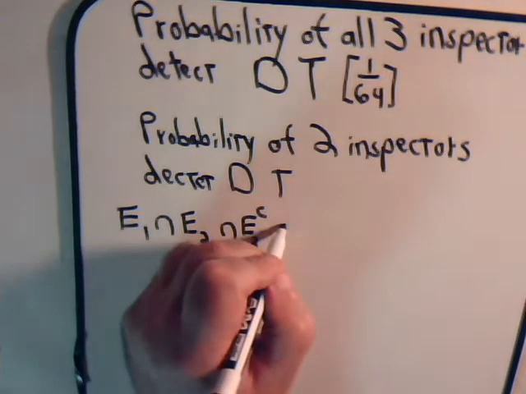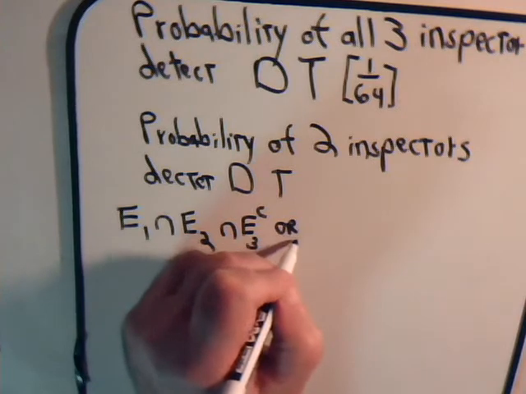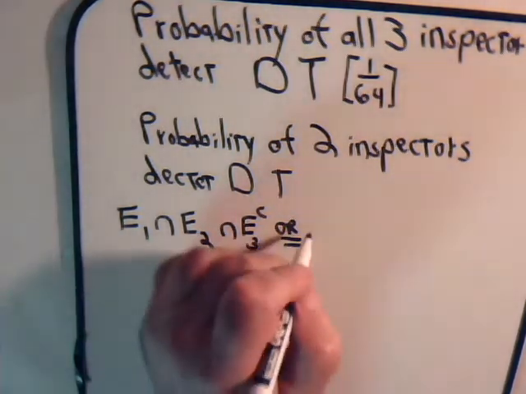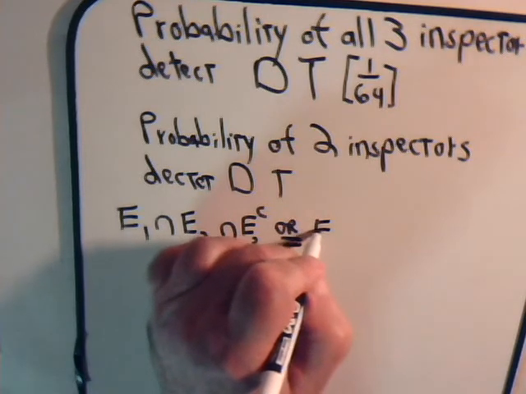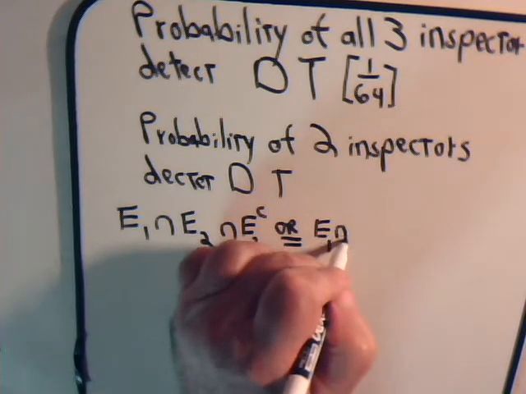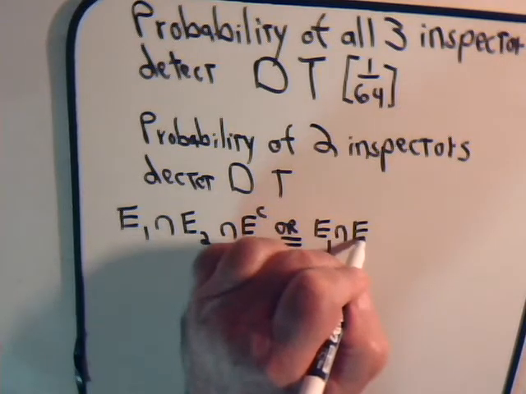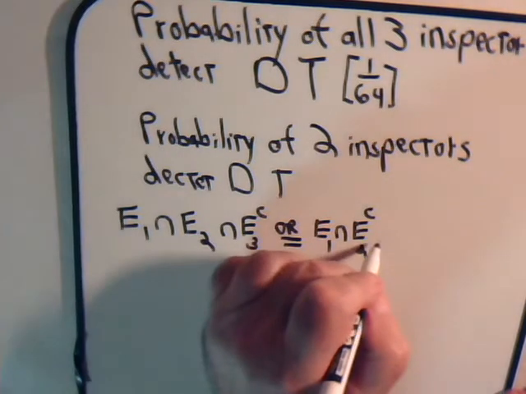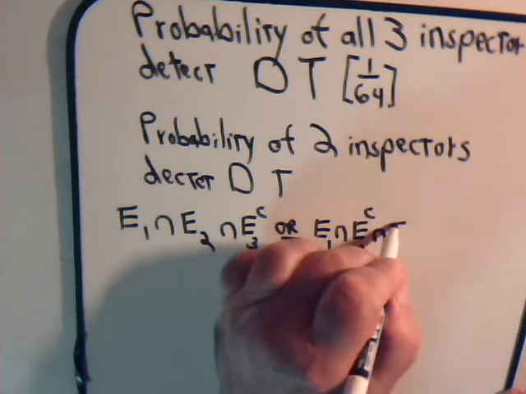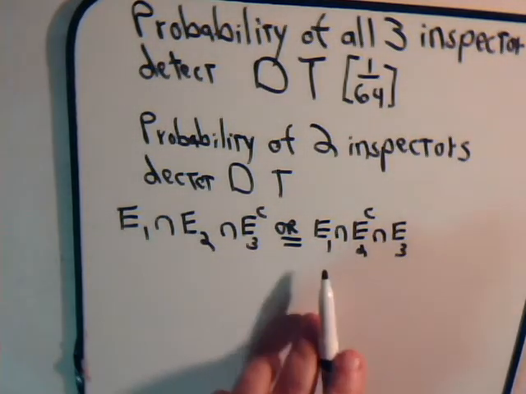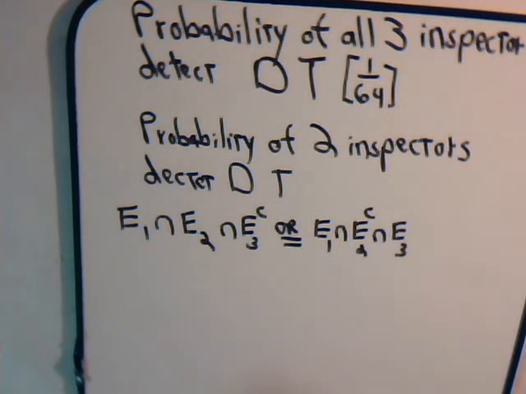Or it might be the first inspector detects a defective transistor, but the second inspector does not, and the third one does. Again, 2 defective transistors are found. It could happen like that.